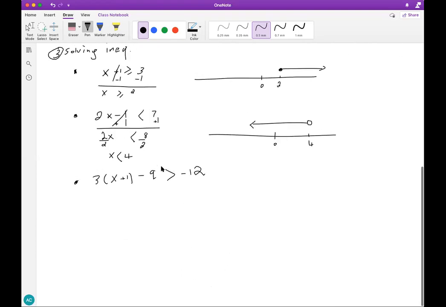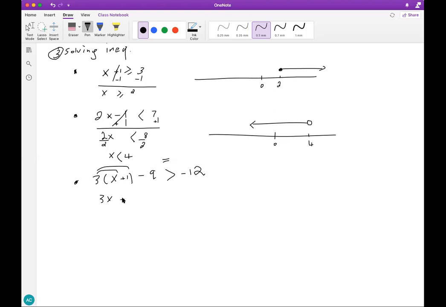Again, always think about this as an equal sign and do pretty much the same steps we do for the equations. So what do you do first in this inequality to solve it? Same thing as we did in the equations. What's the first step? Multiply x and plus 1. That's right. If you have parentheses, distribute first, to clear those parentheses.